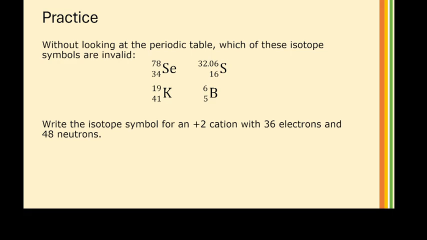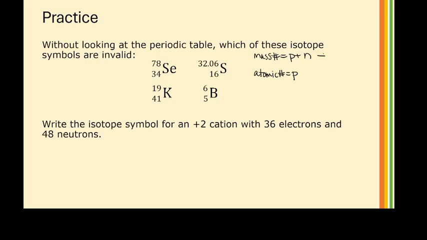Without looking at the periodic table, which of these isotope symbols are invalid? I'm just looking for general predictions, things that I know. I know that the top number is the mass number, which is the number of protons plus neutrons, and the bottom number is the atomic number, which is the number of protons. Without looking at a periodic table, I couldn't say whether this is the right chemical symbol for that atomic number.